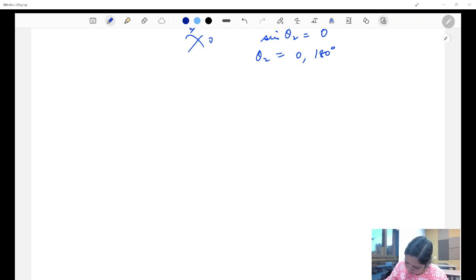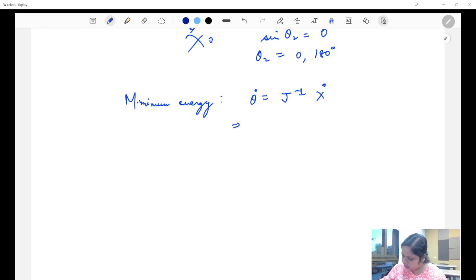And the determinant, for that, for minimum energy, you want theta dot is equal to J inverse of x dot. Theta dot is equal to adjoint of J upon determinant of J into x dot.